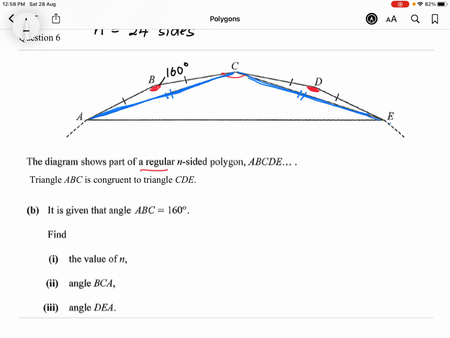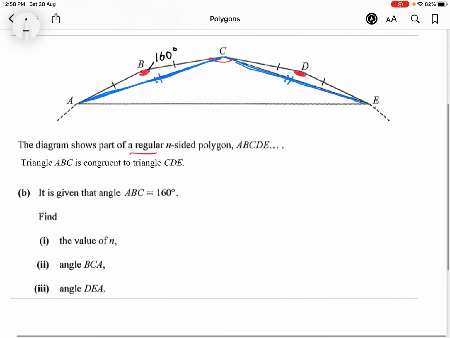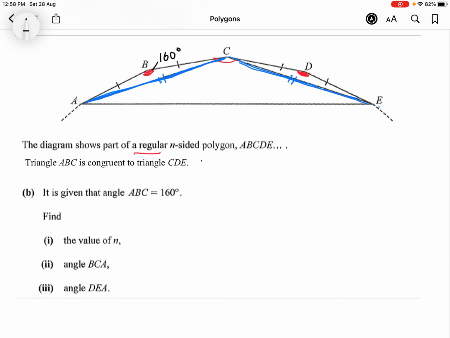Again, given the interior angle, we can use two different methods to find the number of sides. Method number 1, using the interior angle formula, (n minus 2) times 180 over n equals 160.